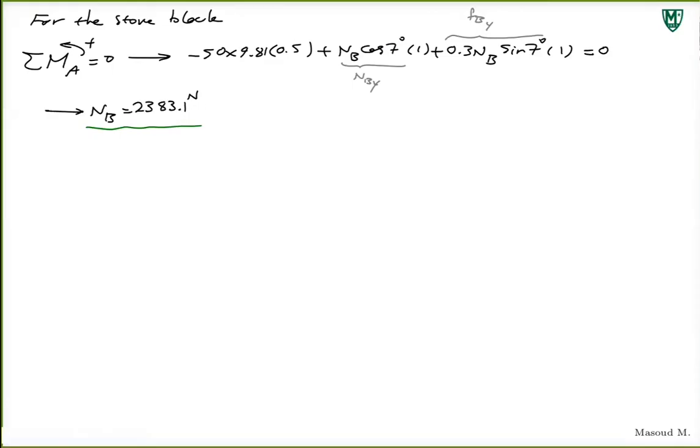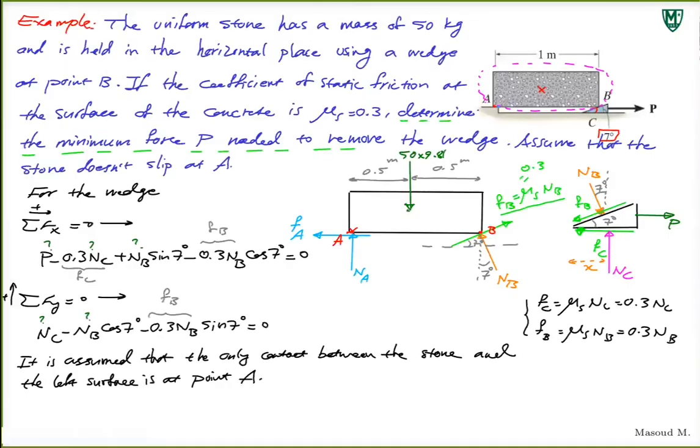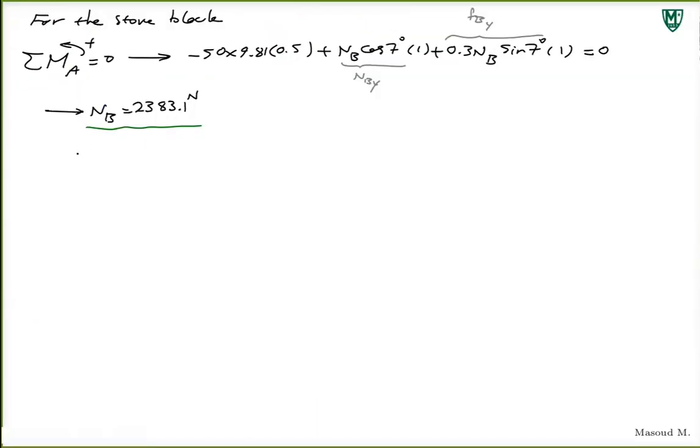Once you get NB, now your life is much easier. This is equation 1, equation 2. From 2, you can find NC. Once you know NC, from 1, knowing NC and NB, you can find P. So from 1 and 2, you can find NC and P. Okay.